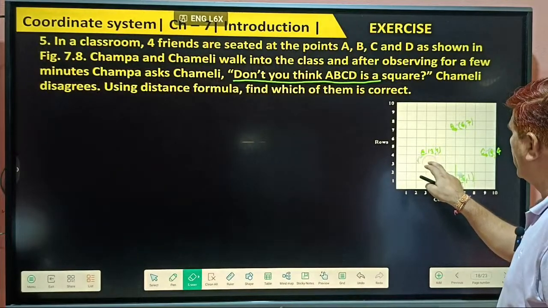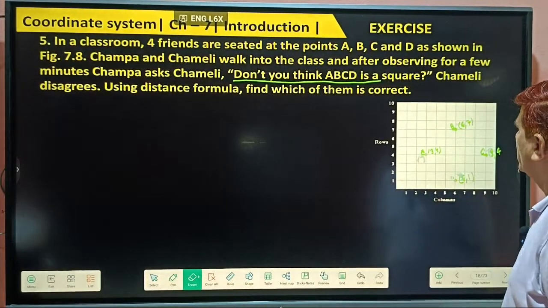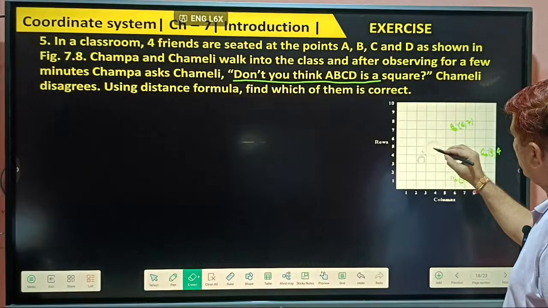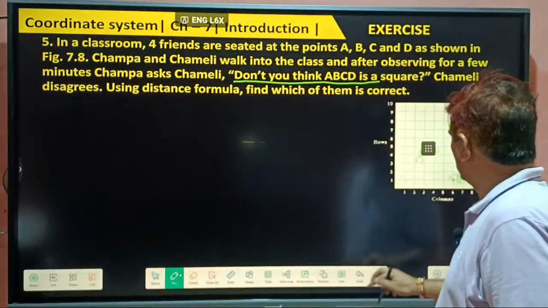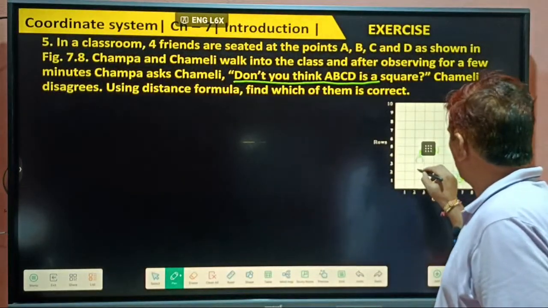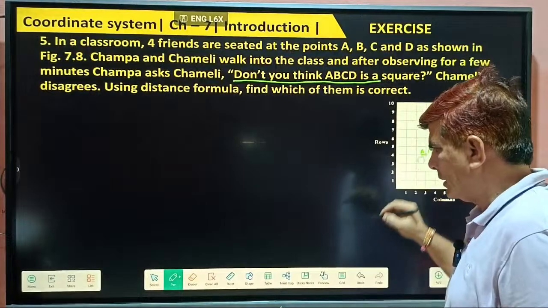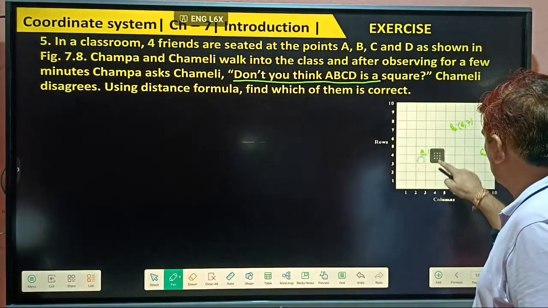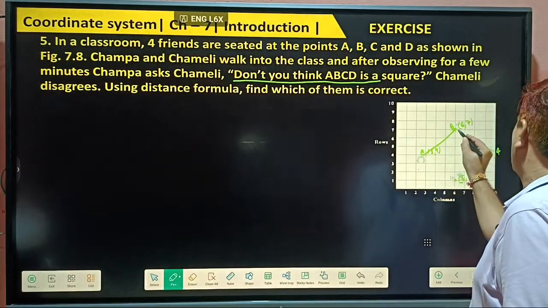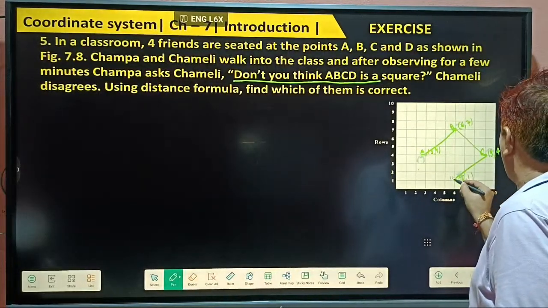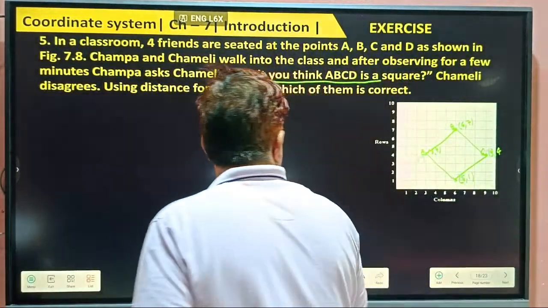So we can find this out. Join A with B, B with C, C with D, and so on. We have to tell whether it makes a square or not.